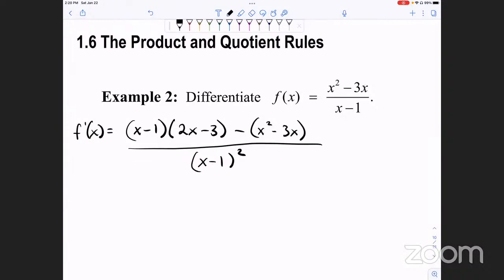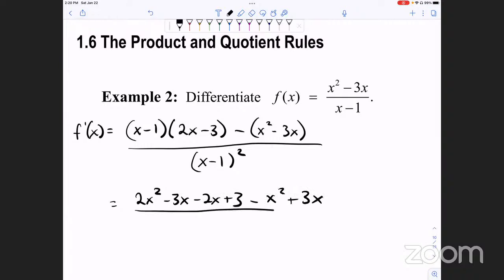So if we expand it, if we FOIL that first one, that's going to be 2x squared minus 3x minus 2x plus 3 minus x squared plus 3x over x minus 1 squared. Combining terms, that's x squared.